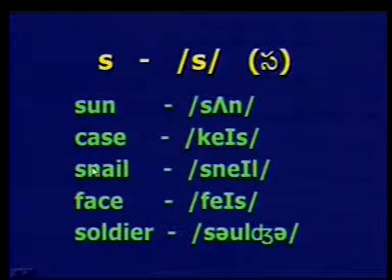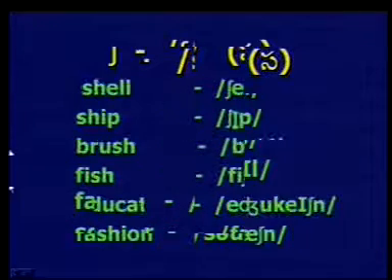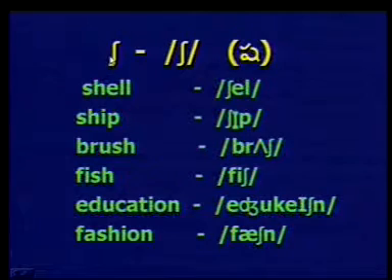And then S-N-A-I-L, snail. F-A-C-E, phase. So if you observe the difference here, C is there in the middle, but we are pronouncing it as S. S sound is there, phase. So the phonetic symbol is S. And then soldier.